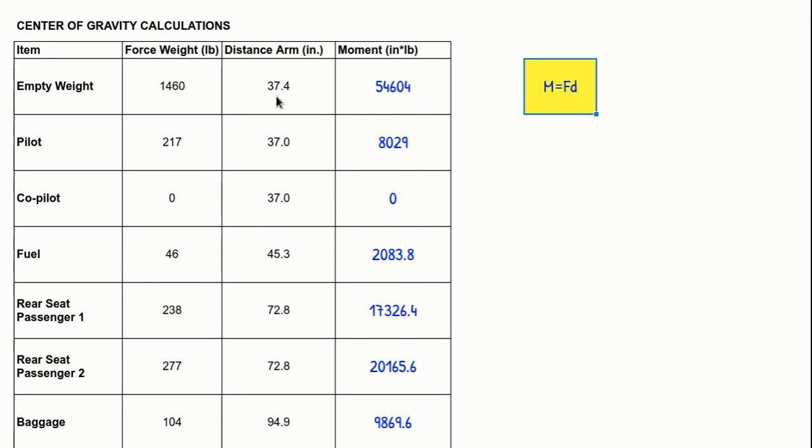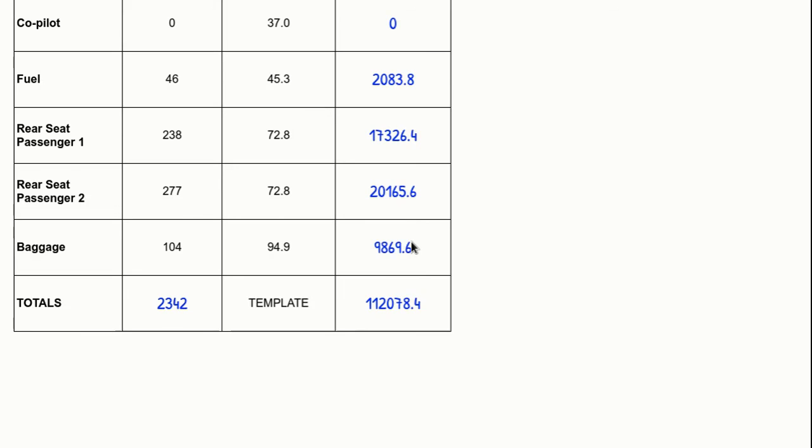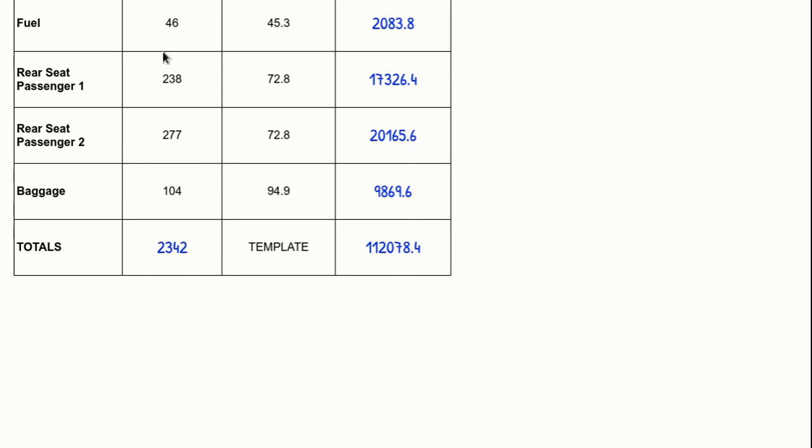So force times distance. You do that for each item all the way down your list, finding the moment for each item. And then at the very end, you're going to add up all of the weights to find the total weight in the plane, and then you're going to add up all the moments to find the sum of all the moments and how they're acting on the plane.